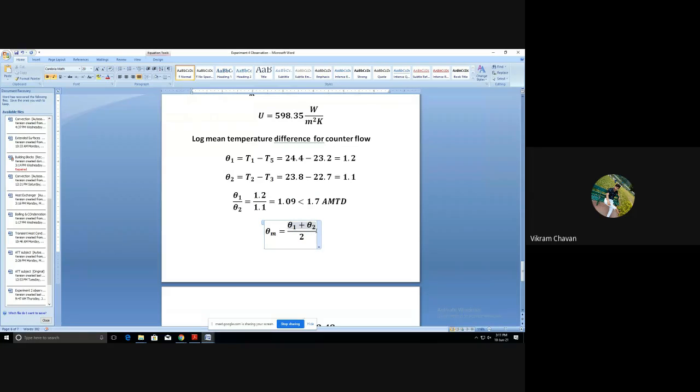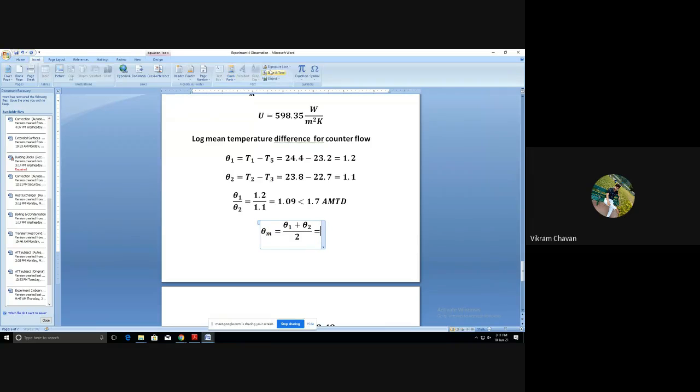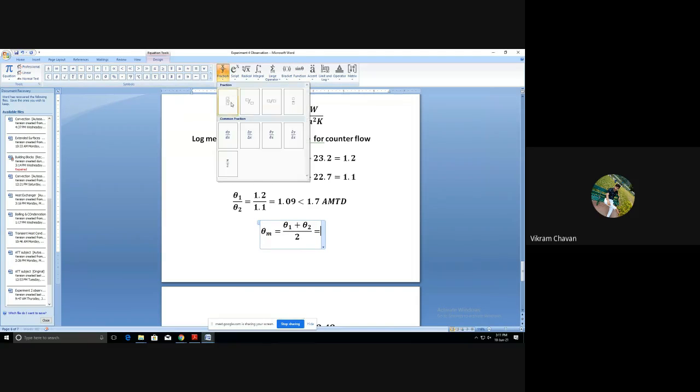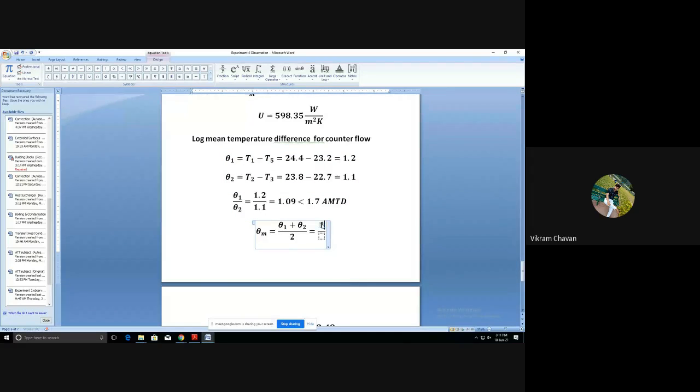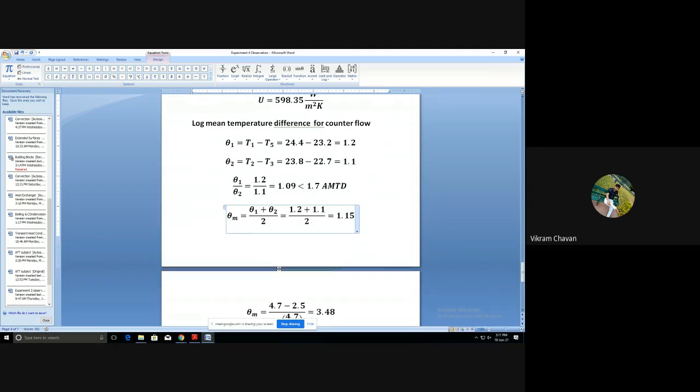Theta 1 plus theta 2 divided by 2 is 1.2 plus 1.1 divided by 2, which is 1.15. Theta m is equal to 1.15.